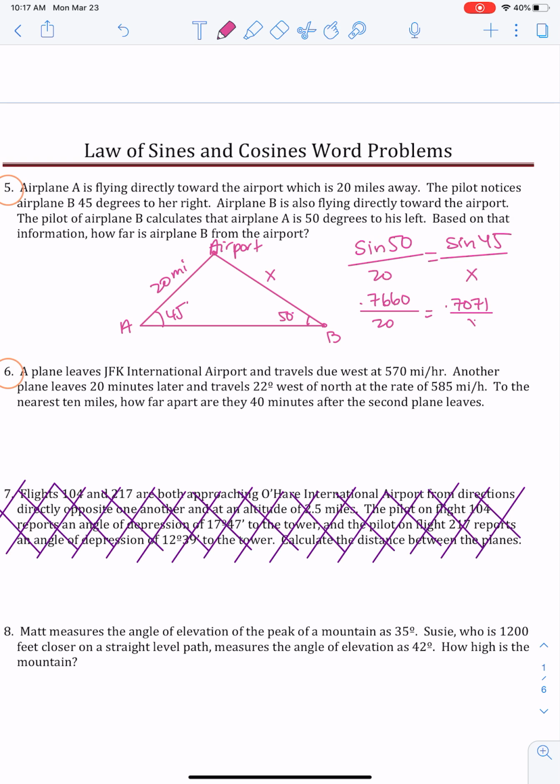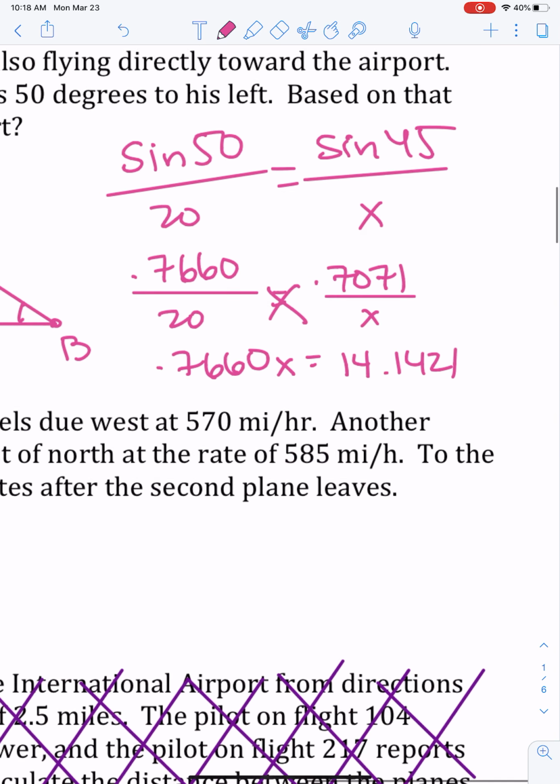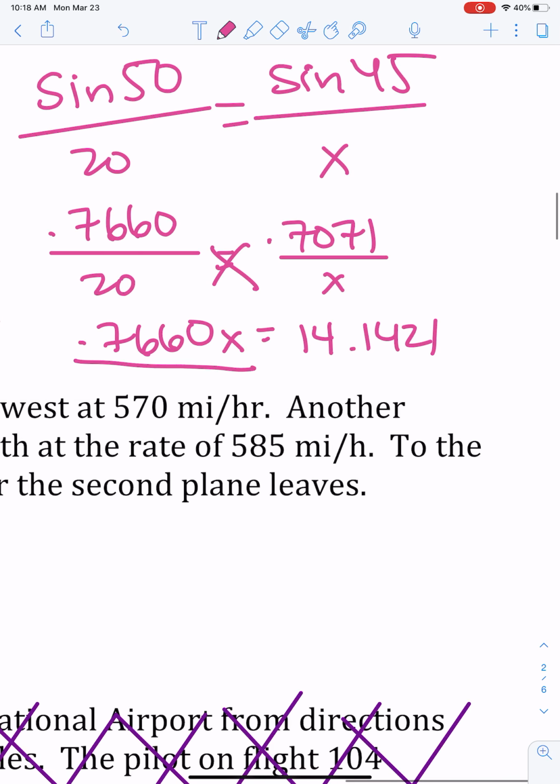Going to cross multiply to solve. So I have 0.7660x, and if I multiply that 0.7071 times 20, I get 14.1421. I'm going to divide both sides by that 0.7660 to get x alone.